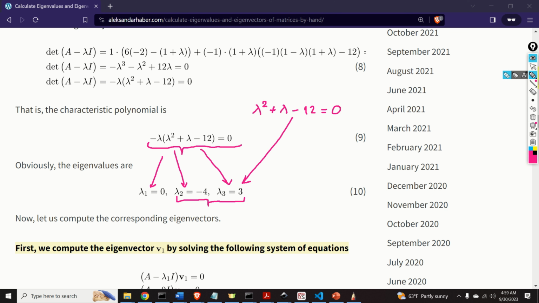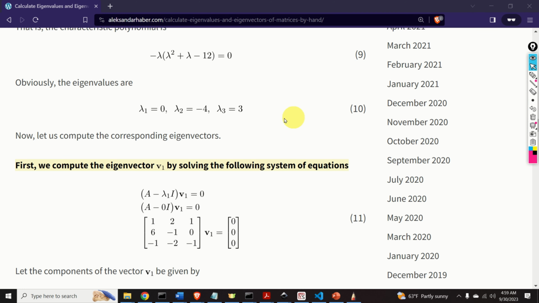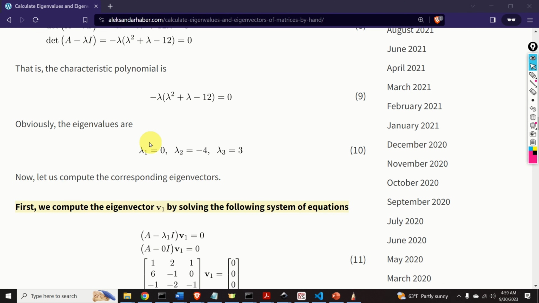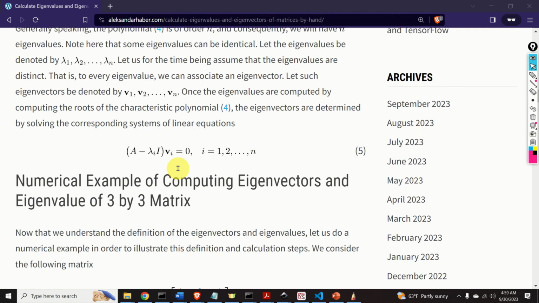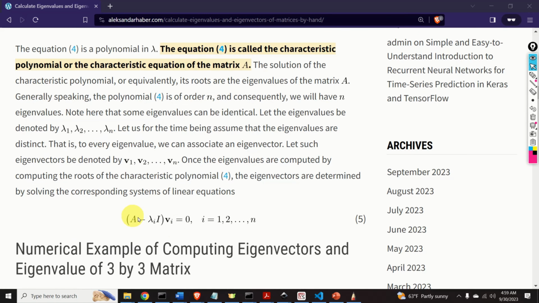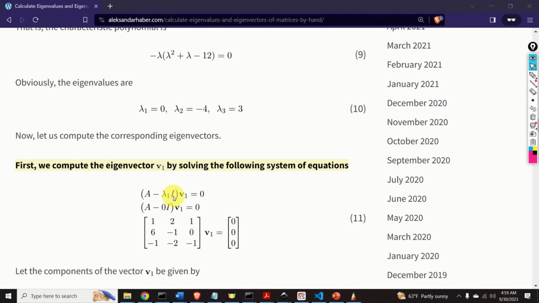Next, we need to compute the first eigenvector. To compute it, we will take the first eigenvalue and go back to this equation. We will substitute lambda1 over here and solve for v1. Let's do that. Here is the equation. We substitute lambda1, which is equal to 0, and we obtain this expression.